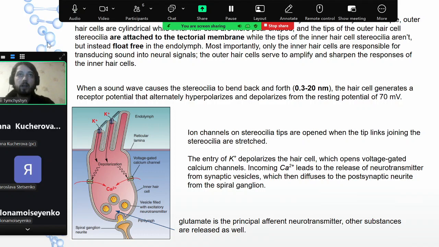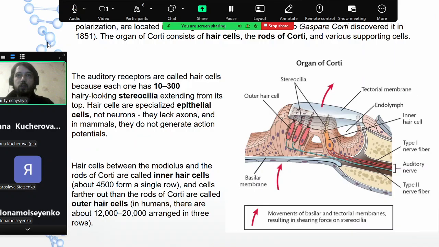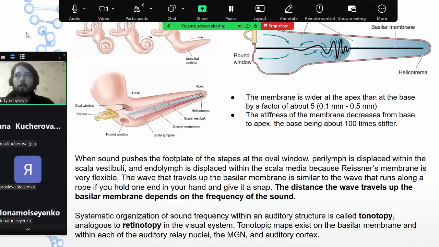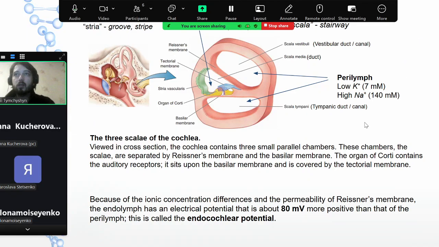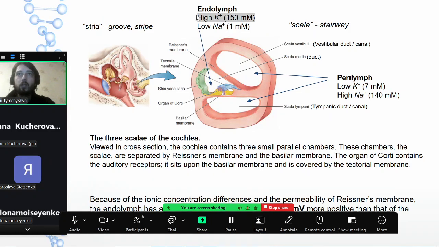So let me find that slide. I want to just show you that composition. So here we have it. Here we have endolymph with very high potassium, something like 150 millimolar, and just 1 millimolar of sodium.